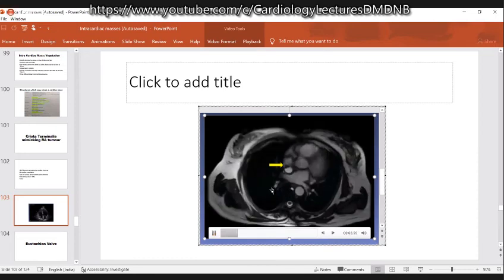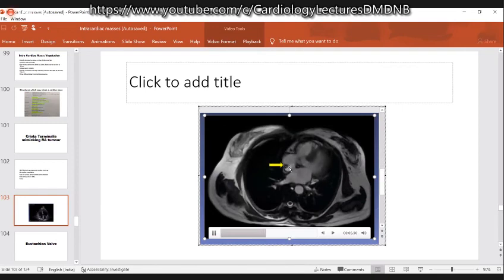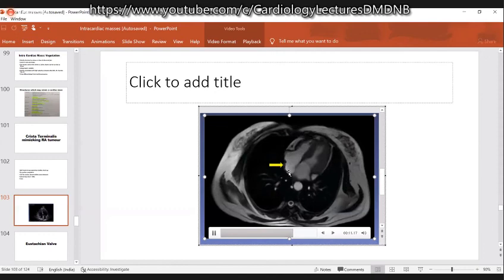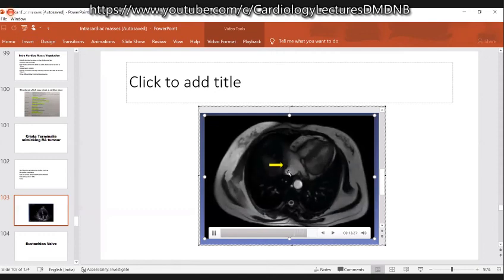you can see that this is the mass which we were seeing. This is the one. This was actually a crista terminalis only. So sometimes a normal structure in a cardiac chamber, like the crista terminalis in the right atrium, may be mistaken for a tumor mass, just like what I showed you now.